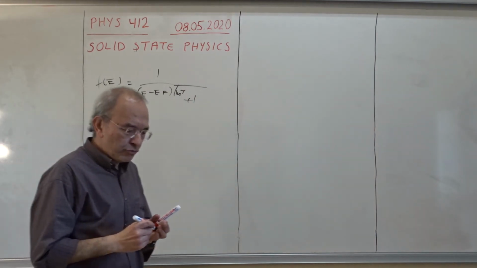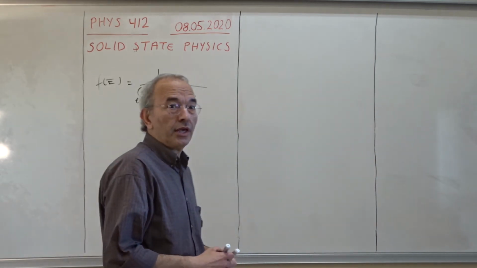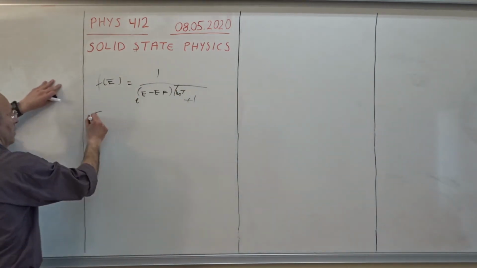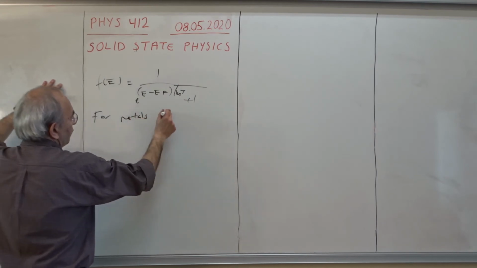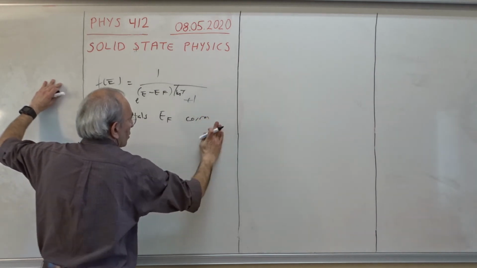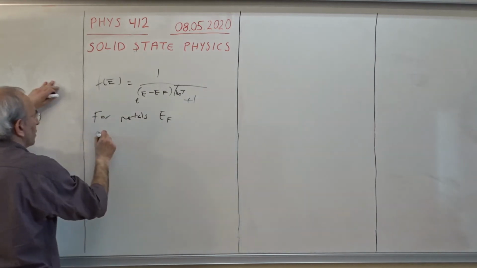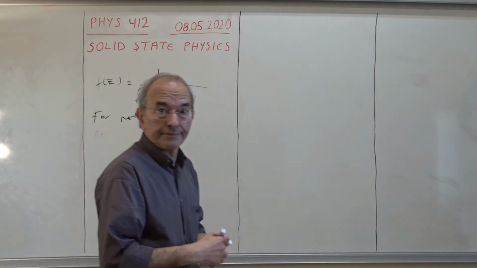Where should we put EF? For metallic objects, for instance, EF corresponds to where the probability is 50%.